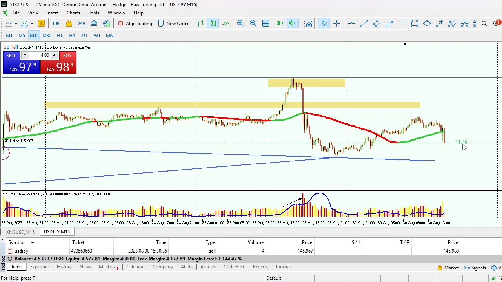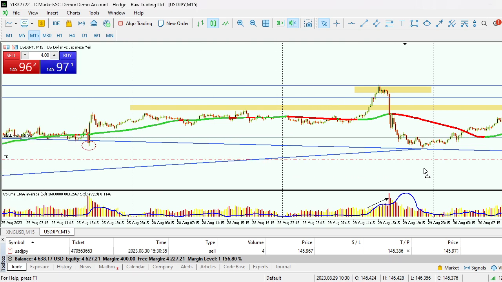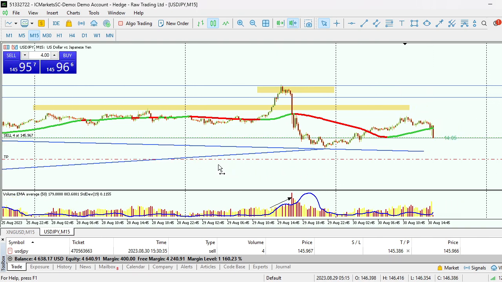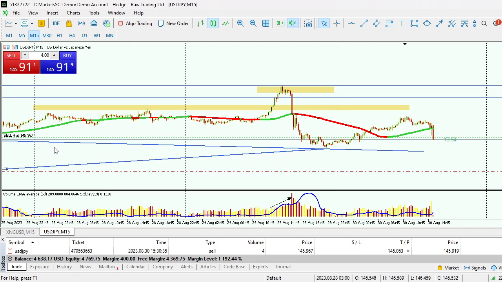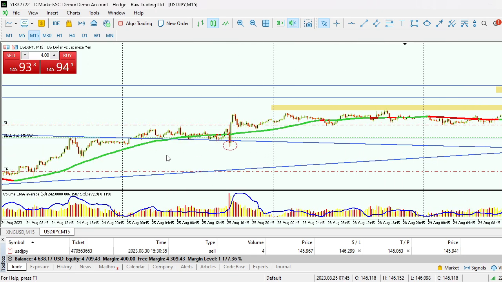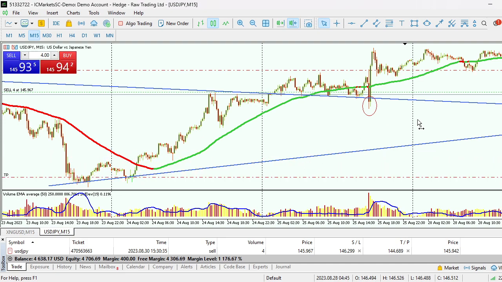So we lost almost 500, but no big deal. We can recover that. You always have to put your stop loss so that you don't lose much. This is the level I'm looking for.